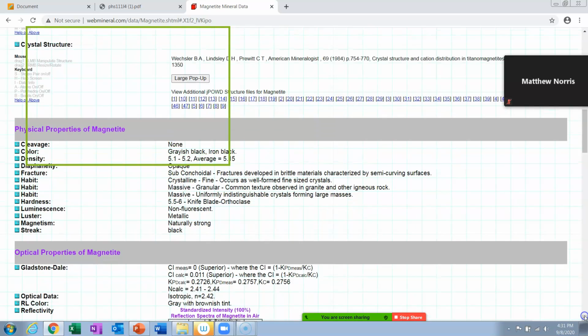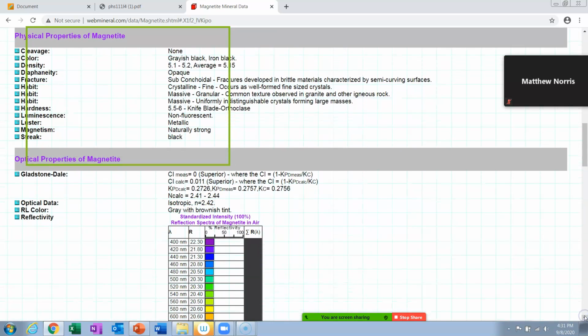This may help a little. Does that help some? What this one says right here is cleavage. This one says color. The second entry here is color. The one next that you have is luster.